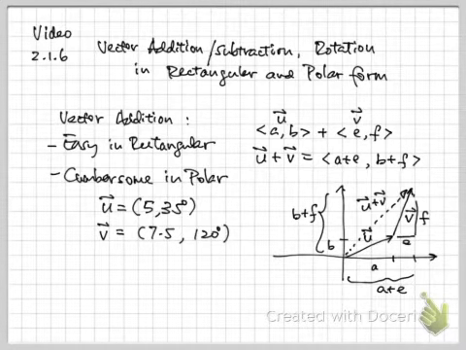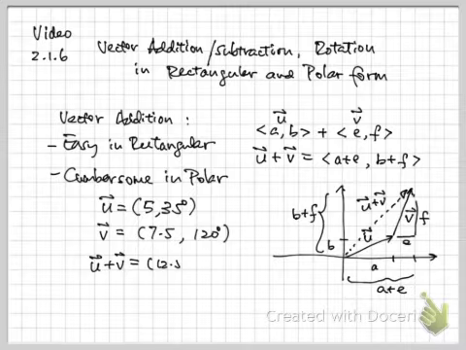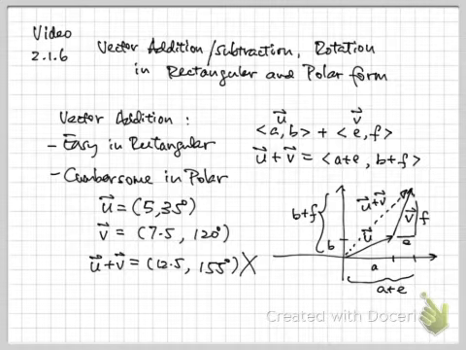Can you just add them together? Can you say u plus v is equal to 12.5 at 155 degrees? That would be very much wrong. So pause the video, think for a second about why that is not the case, and then we'll check.